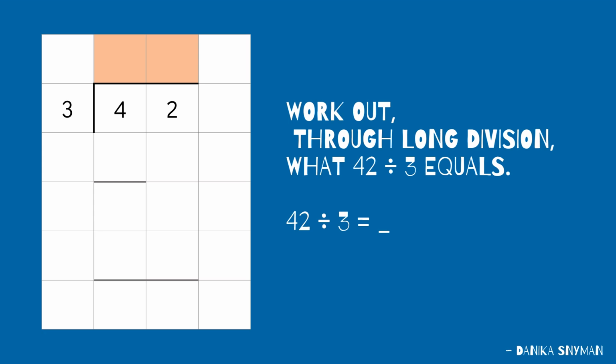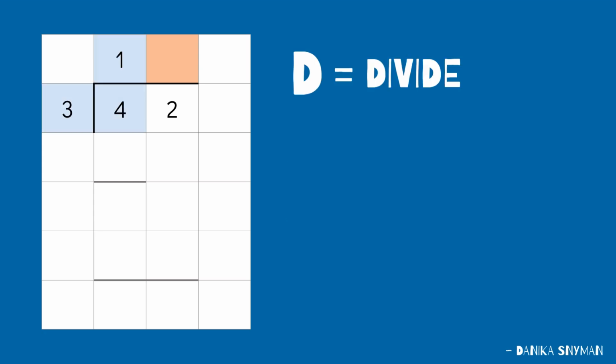Hey guys, let's see how it works. We're going to use the example 42 divided by 3. We are going to do this step by step using long division. Let's go. So first, if you want to stay with me, follow the light blue blocks to know exactly what numbers I'm working with on this slide.